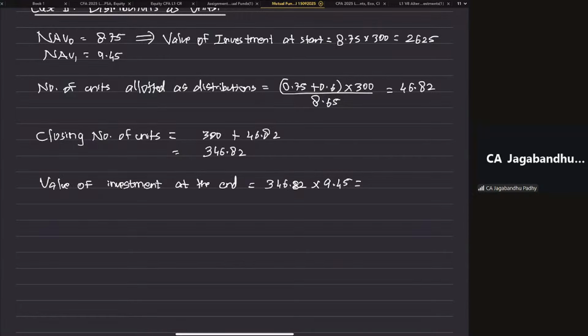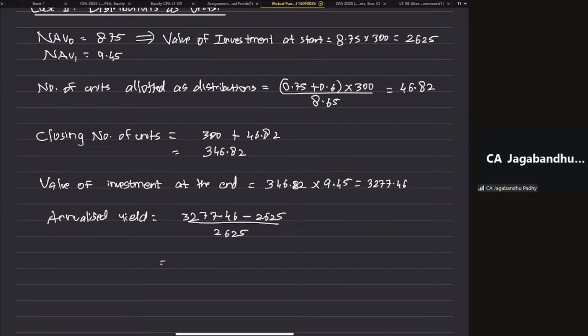3277.46. Okay. So what's the annualized yield then? Annualized yield will be 3277.46, which is the value at the end, minus 2625, divided by 2625.